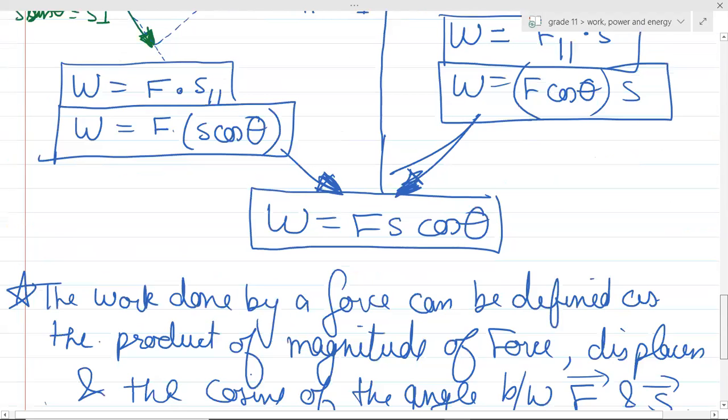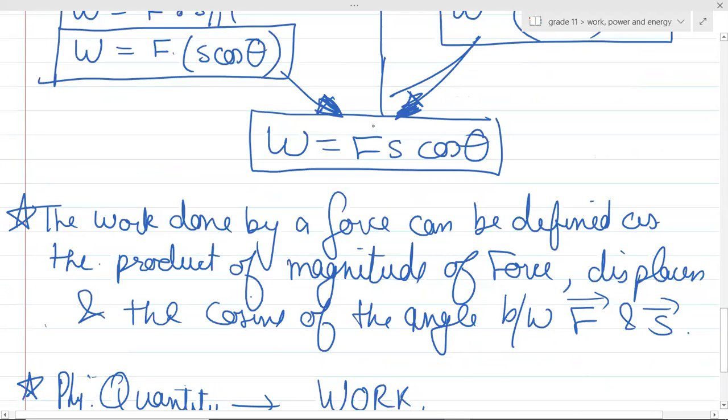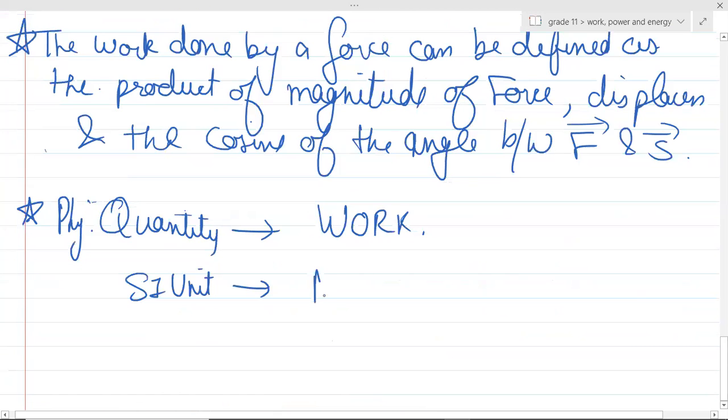Will you be able to give me the SI unit for this? Can you see, force is Newton, displacement is meter, and cos theta is nothing, right? So what is the SI unit? It is Newton multiplied by meter.